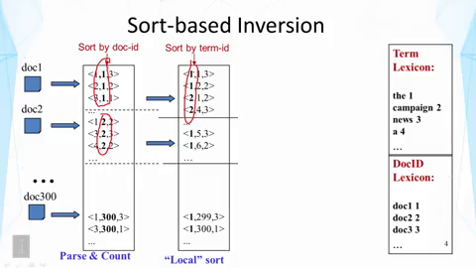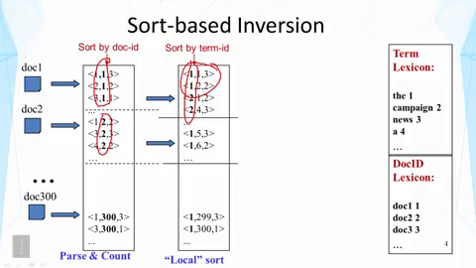So all the entries that share the same term would be grouped together. In this case, we can see all the IDs of documents that match term 1 would be grouped together. And we're going to write this into the disk as a temporary file. And that would allow us to use the memory to process the next batch of documents.